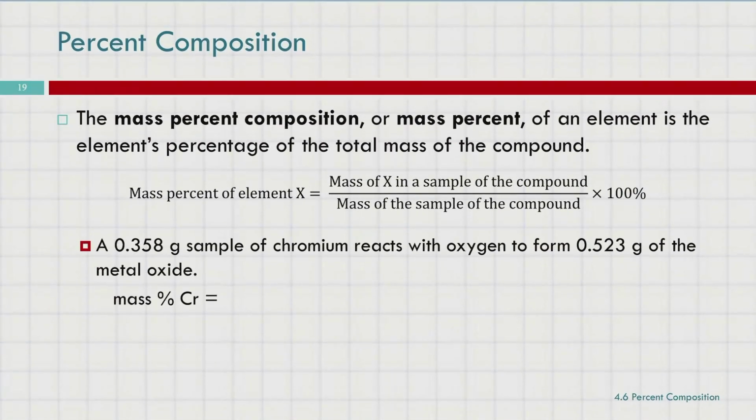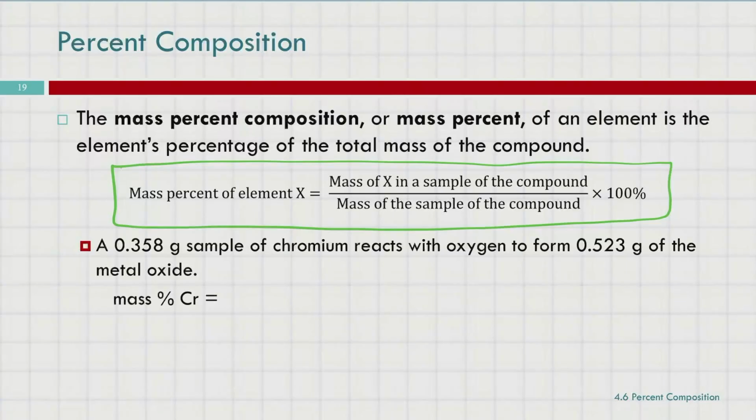Some other things that we can calculate or come up with are things like mass percent composition, frequently just called mass percent. So the mass percent is calculated based off of this formula. The percent of whatever the element is equal to the mass of that element, so the grams of X divided by the grams of, we'll call it XYZ, so that we can show that there's some other stuff.